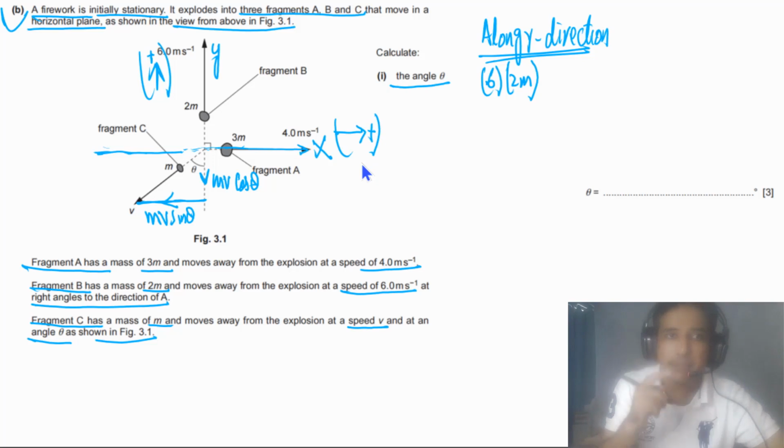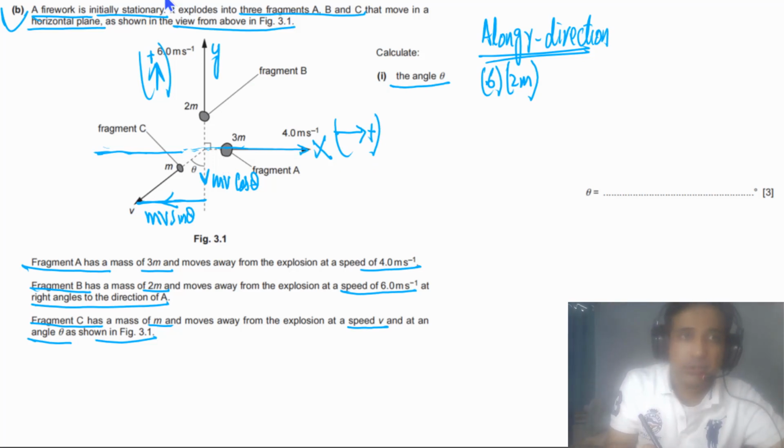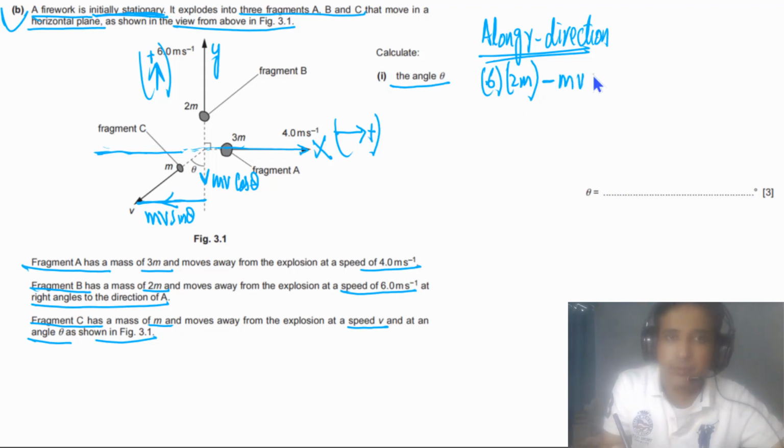Total momentum has to be 0 in any direction because initial momentum is equal to 0. So we have 6 times 2m. This one has to be negative because this is down, and the sum of these two has to be equal to 0.